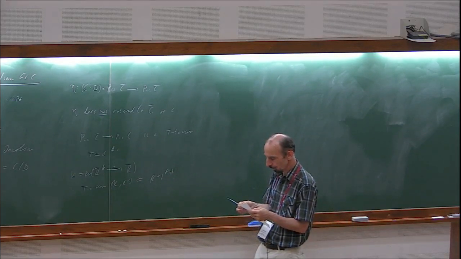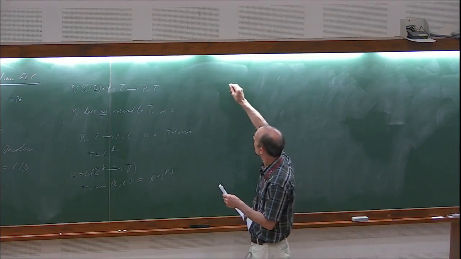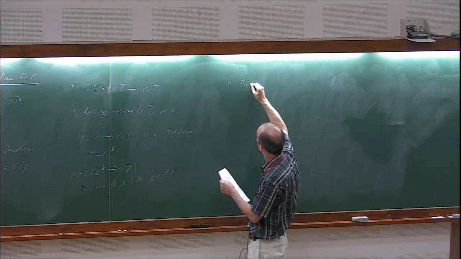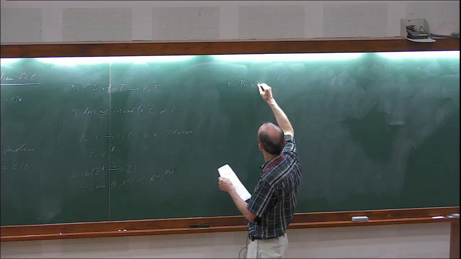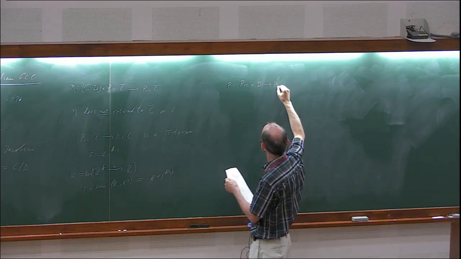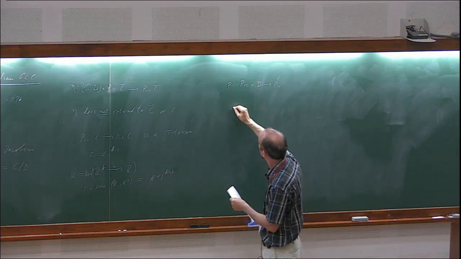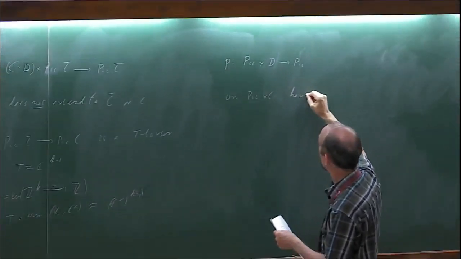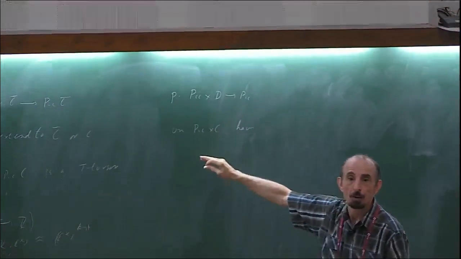In fact, if you want to say more canonically, you have a projection P from the Picard cross the divisor to the Picard. On the Picard cross the curve, there's a natural universal line bundle.